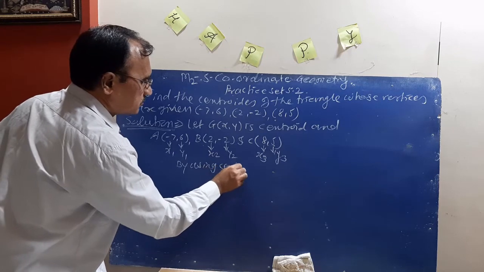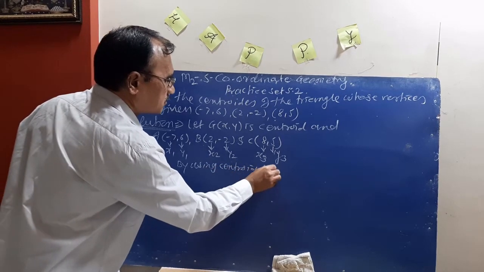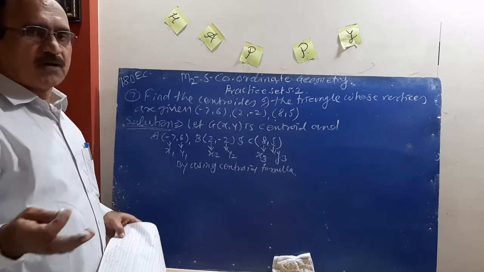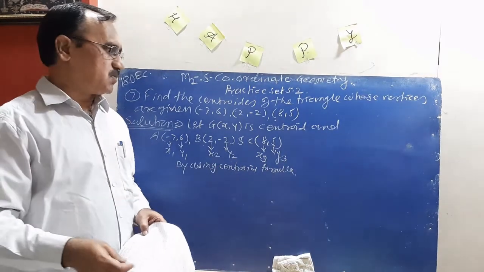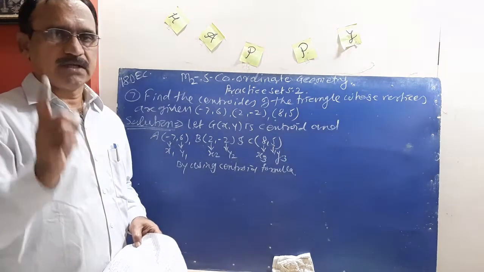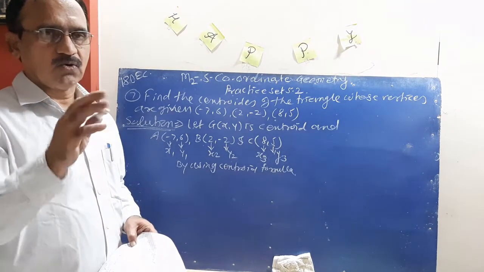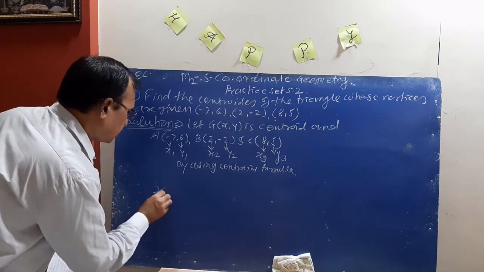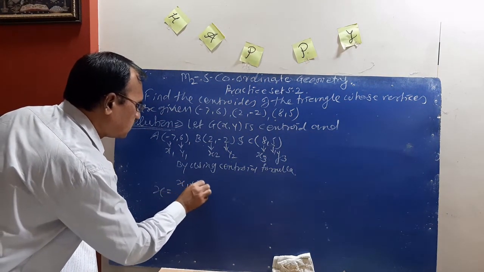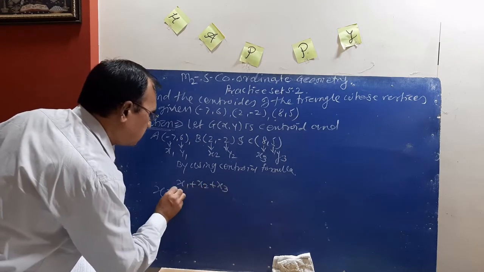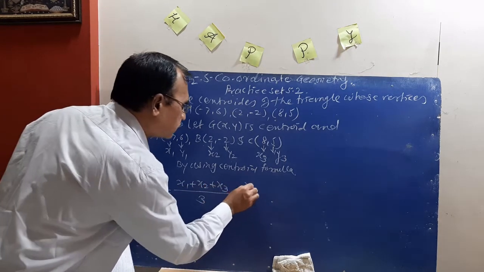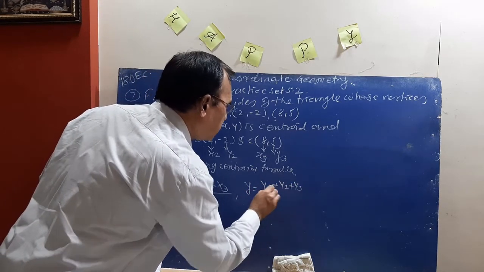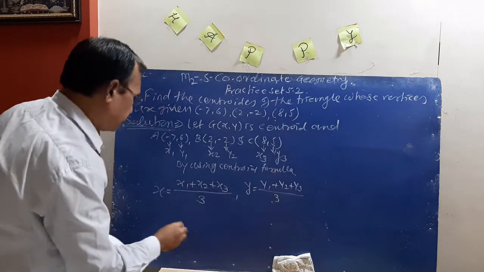By using the centroid formula, and you know the centroid formula is very easy: x is equal to x1 plus x2 plus x3 divided by 3, and y is equal to y1 plus y2 plus y3 divided by 3.